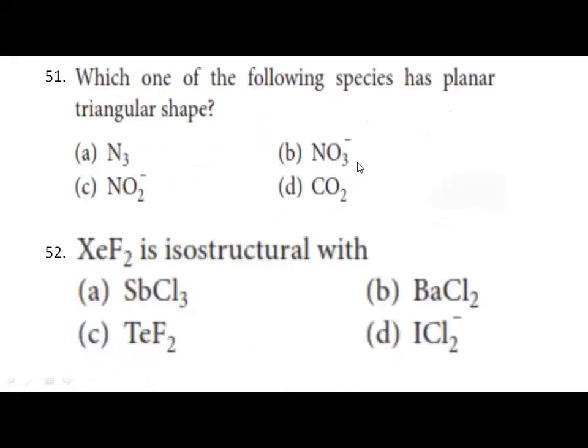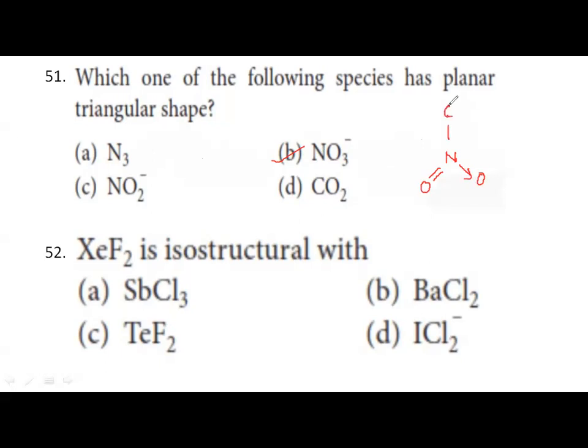Which one of the following species has planar triangular shape? N3, NO3 minus, NO2 minus, CO2. CO2 is linear, and this is bent shape. They are asking planar triangular. It is NO3 minus. I will show you. Nitrogen is double bonded to oxygen. One is a coordinate bond and another one is a single bond.